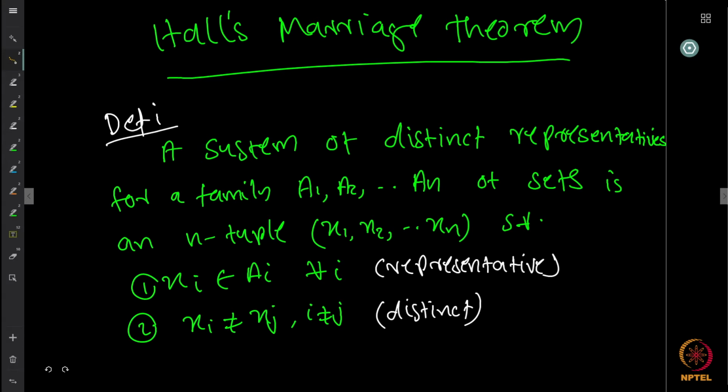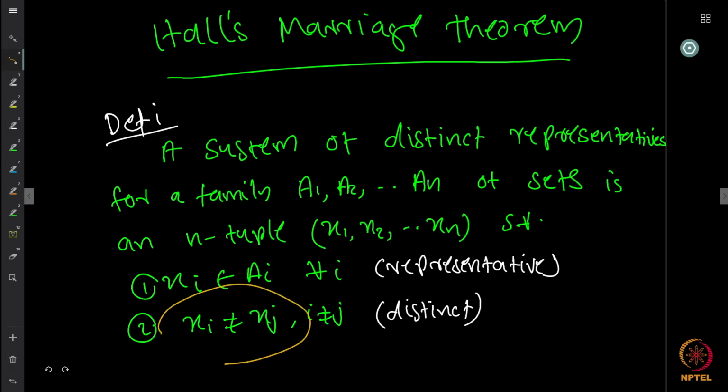A system of distinct representatives for this family is an n-tuple of elements x1 to xn such that each element xi is a member of Ai. So I have to pick xi's from Ai. I want to find representatives of each of the sets, so I have to pick xi's from the corresponding sets, and they must all be distinct.